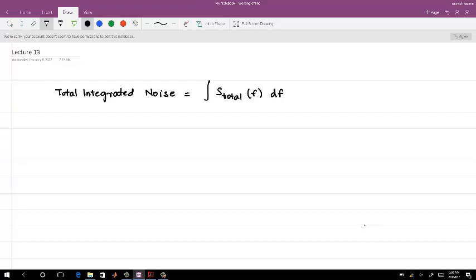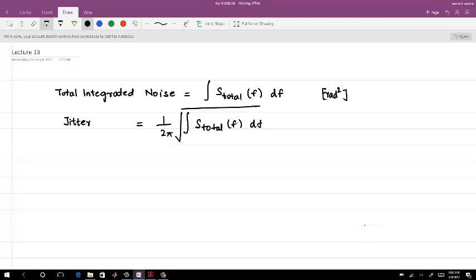I wrote that this value will be in radian square, and then I wrote the jitter as the integral of S total of f df. I wrote that the units of this is radian, which is actually wrong. The units of this is UI, which is unit interval. Whatever the time period is, it is in units of that.